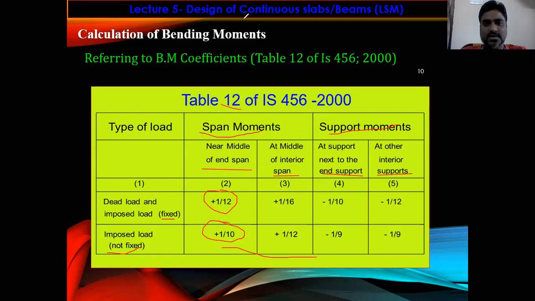Just I would like to draw a diagram for clear understanding. Suppose this is the cross section of your slab, continuous slab. Let us say there are four spans: one, two, three, four. And remember, this method is applicable with the same limitations we discussed for continuous beams. Just rewind, what are those limits?